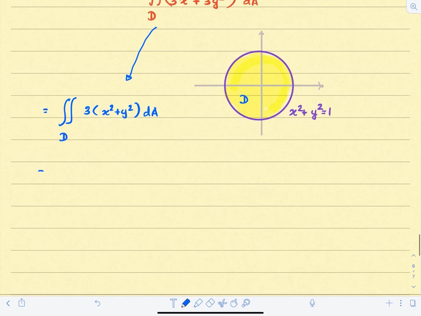Okay, now in the polar coordinate system, x squared plus y squared becomes r squared, and the area element dA is r dr d theta. Now r goes from 0 to 1, and theta goes from 0 to 2 pi.